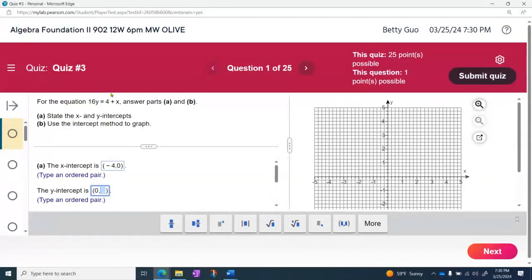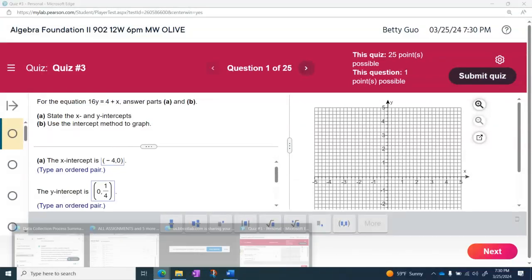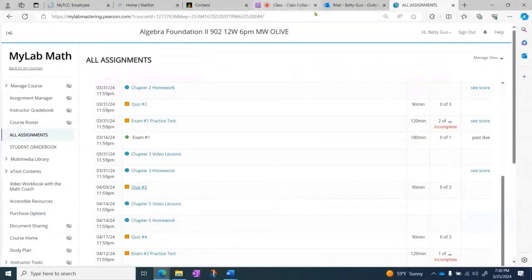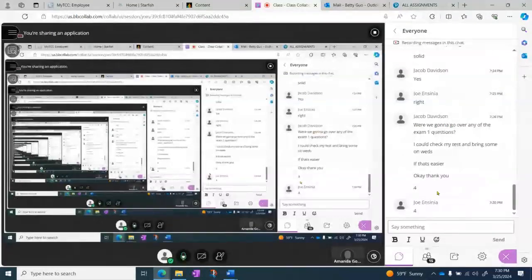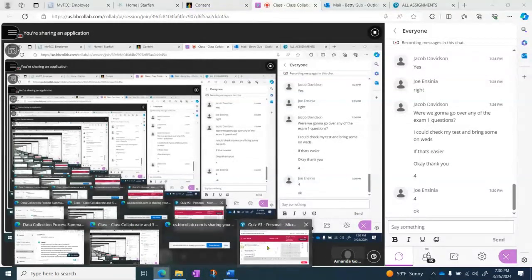Oh, you are able to use a calculator. So 4 over 16 is 1 over 4, it's a quarter. I believe you have to simplify your answer. 1 over 4. And those two pairs are the intercepts. 1 over 4, right? Not just the 4.